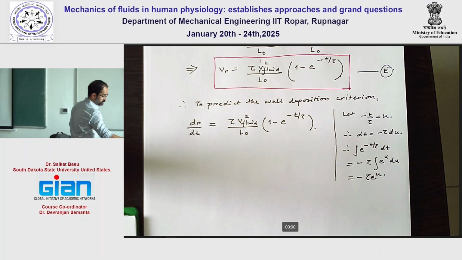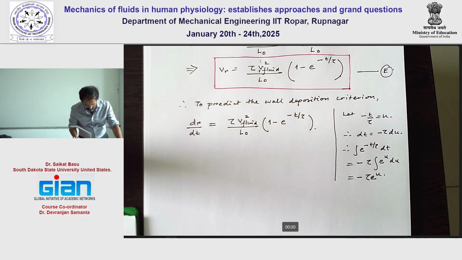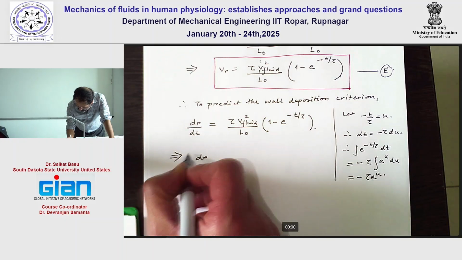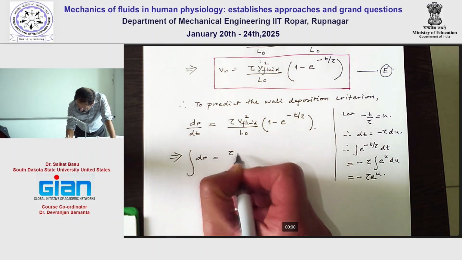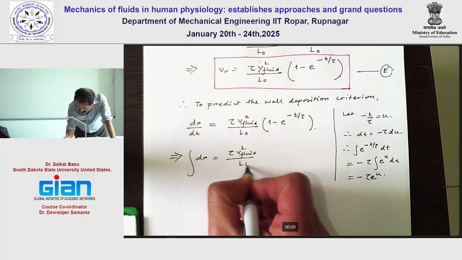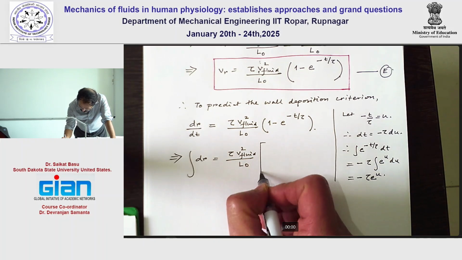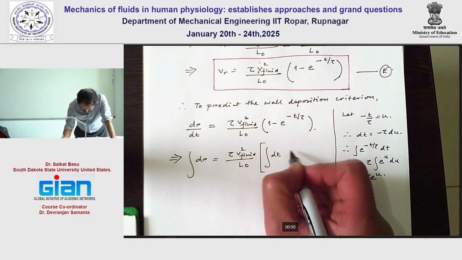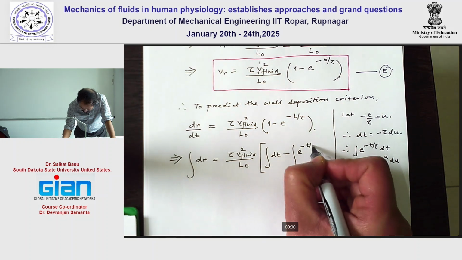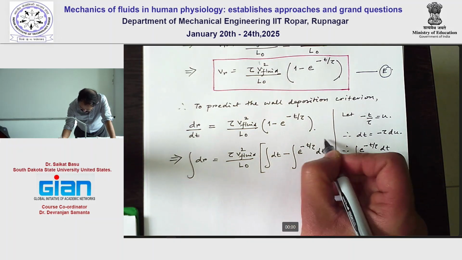So let's use this directly over here. So we have dr equals tau v fluid square over L naught, integral dt minus integral e to the power of minus t over tau dt.